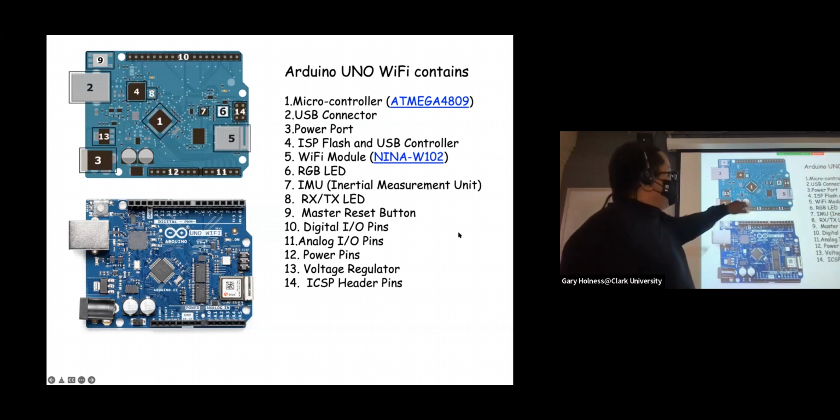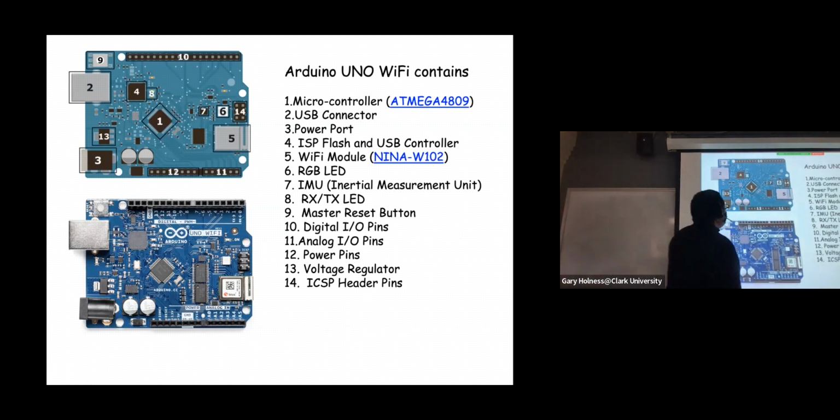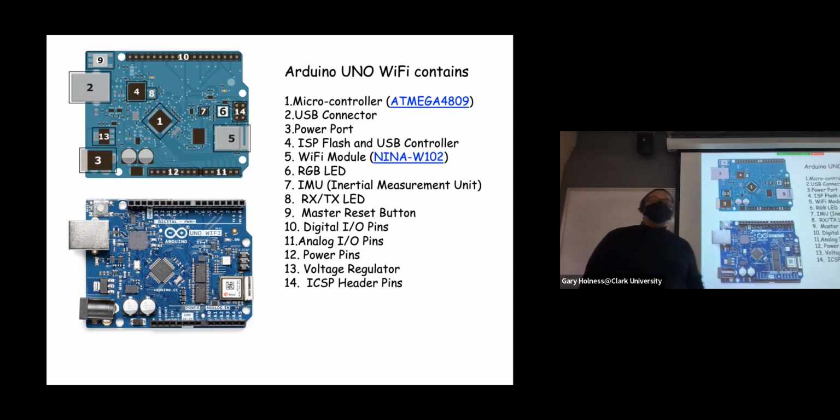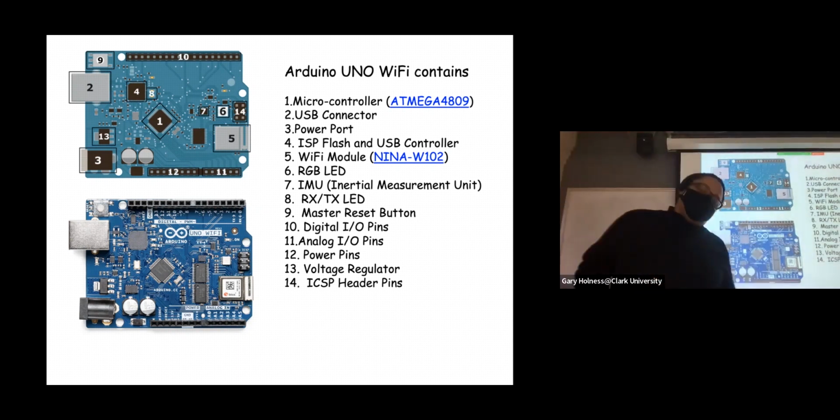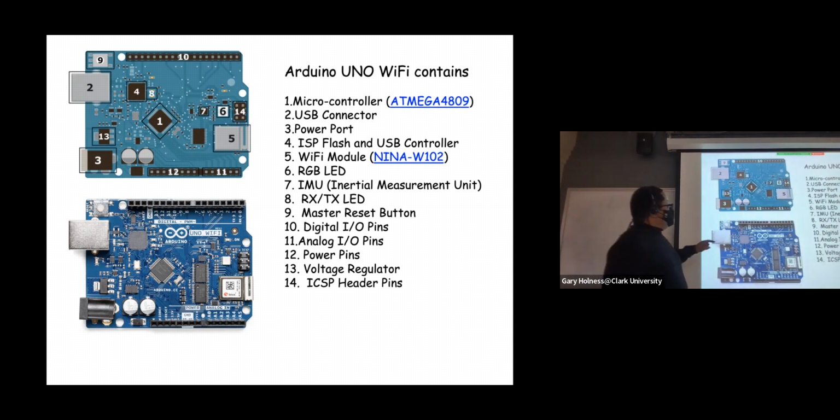And so numbered here in this legend are various parts of this board. Now here we have the main brain of the system, right? So that's for memory, for instruction fetch, instruction decode, instruction execution, right? As well as driving the I/O. That's the main processor. Of course, the USB connector we talked about, the power port we talked about.